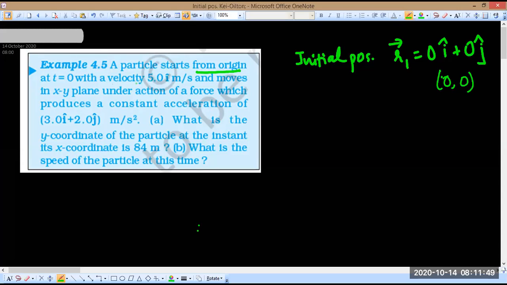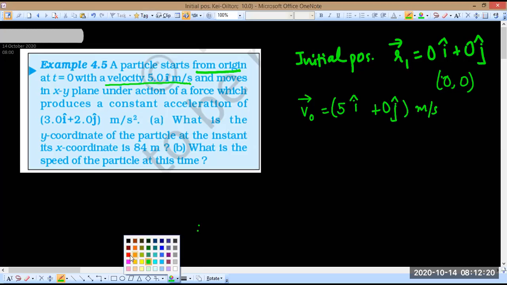Now, with a velocity 5 i caret meter per second. So that is the initial velocity v0 vector. See, it's given in vector form, 5 i caret, and obviously nothing is given for j caret, so 0 j caret meter per second. It moves in the xy plane under the action of a force.